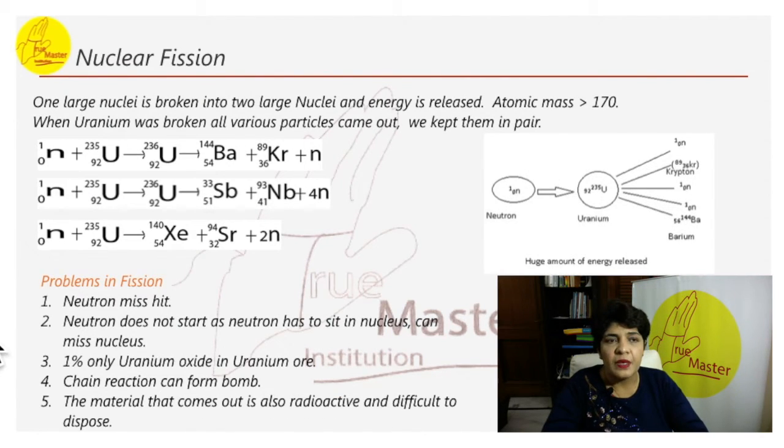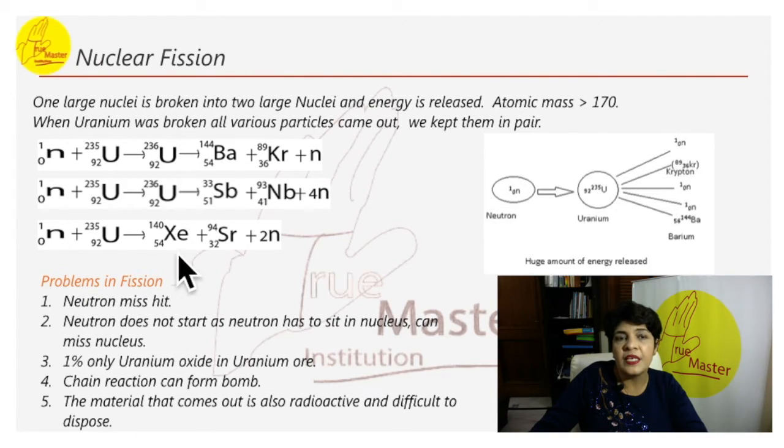Nuclear fission. The phenomenon in which a heavy nucleus, when excited, splits into smaller nuclei of nearly comparable masses is called nuclear fission. So this breaking down is called nuclear fission. What is actually happening here?